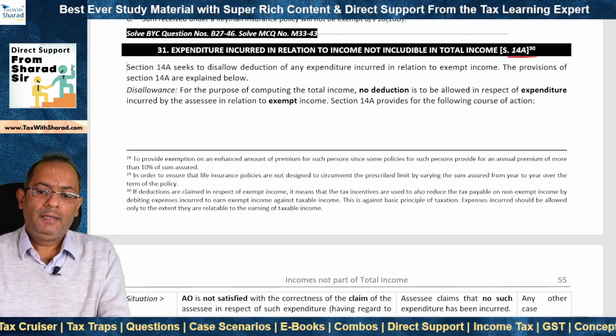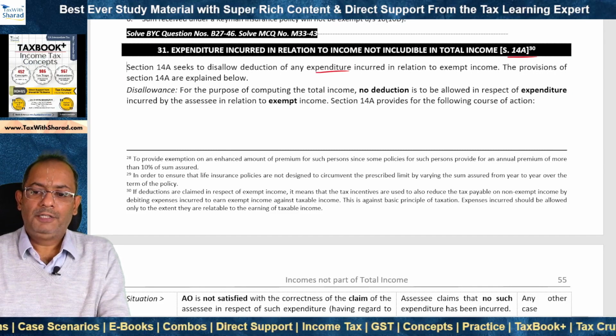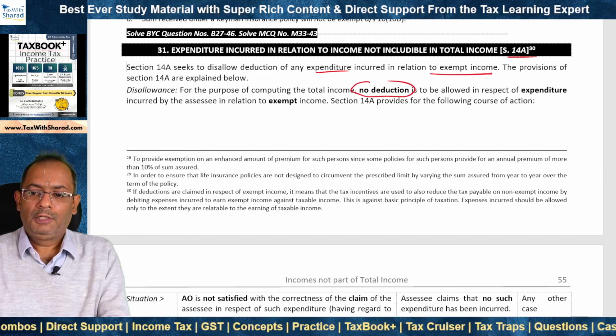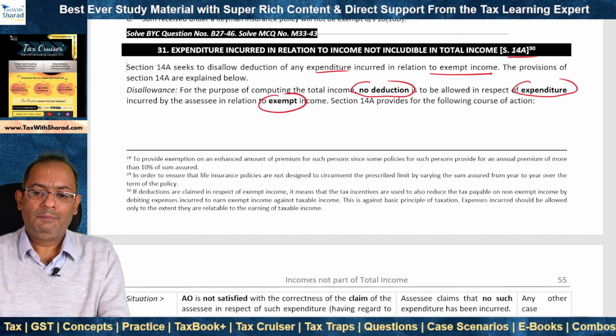Section 14A basically disallows any expenditure which is incurred in relation to exempt income. It says that no deduction will be allowed in respect of expenditure incurred by the assessee in relation to exempt income.